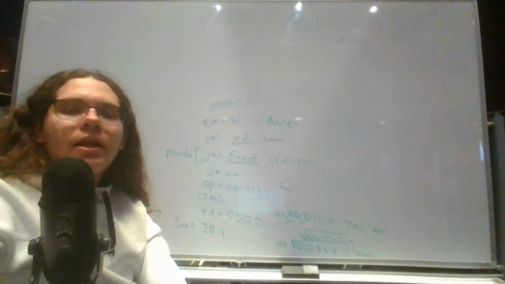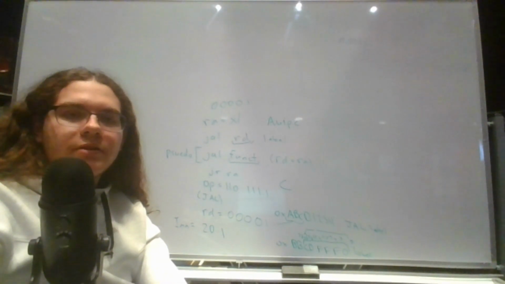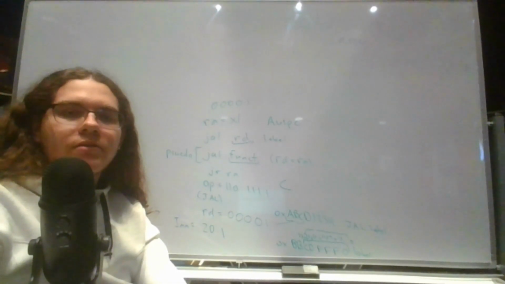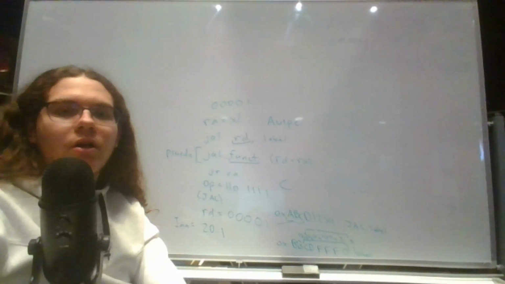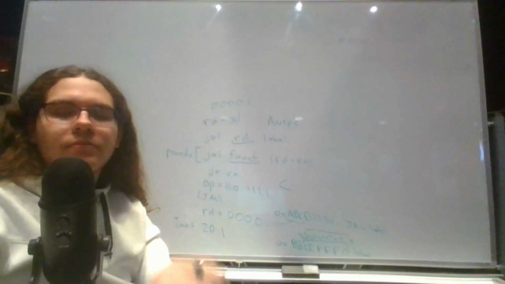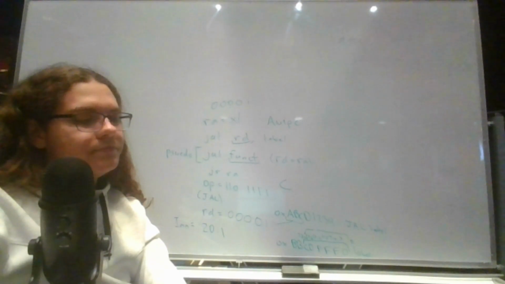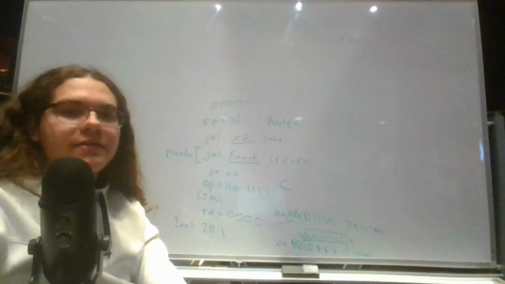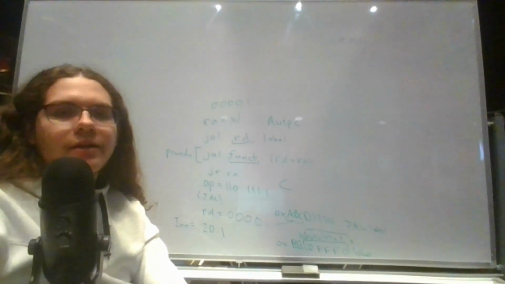In the call label pseudo instruction, you can see the AUIPC followed by the jump and link register, or JALR, pseudo instruction, which I was talking about earlier. That's the only difference. And again, you're not going to really do that, so you don't have to worry about it.